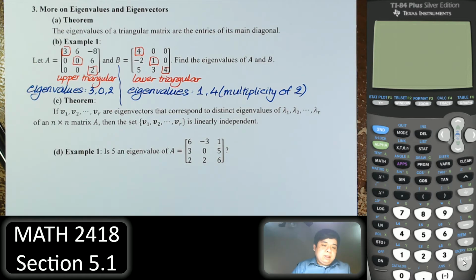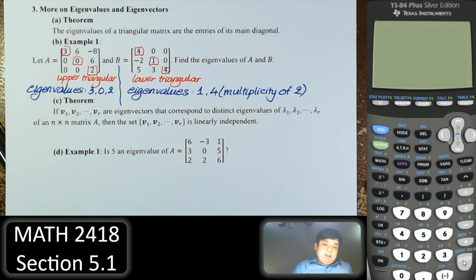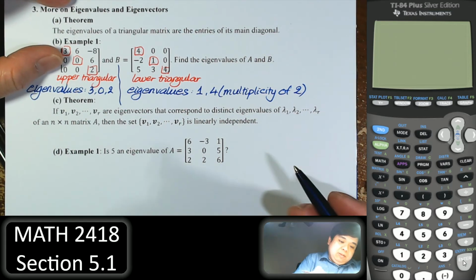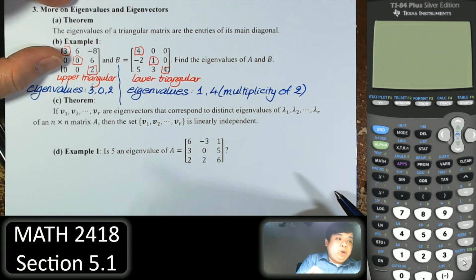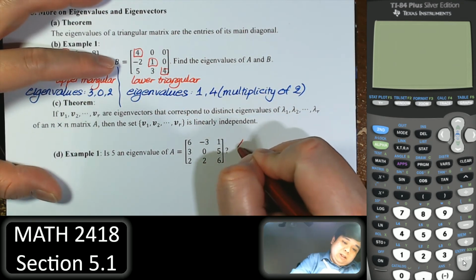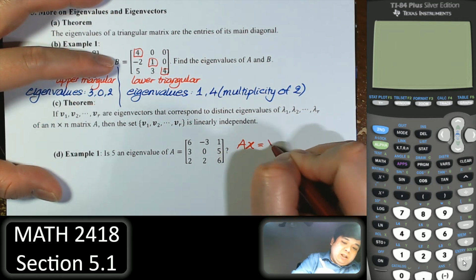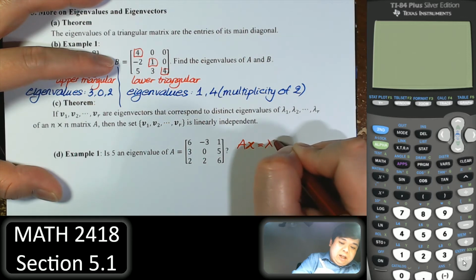Next, the task is to test whether 5 is an eigenvalue of A. So what do we have? Remember, in this section we only have one thing: A times an eigenvector is equal to the eigenvalue times the vector.